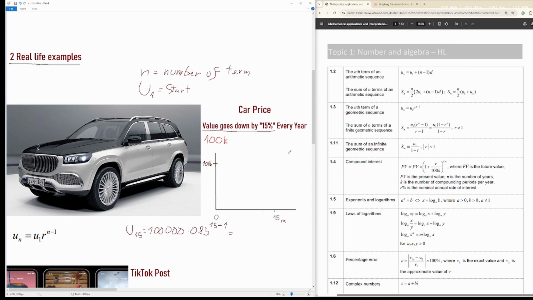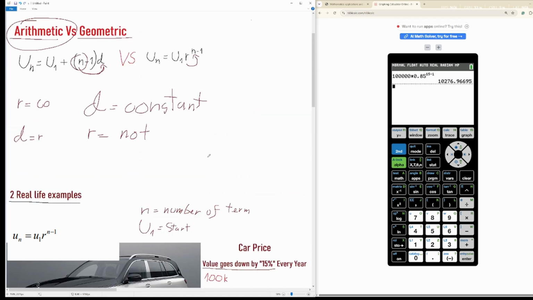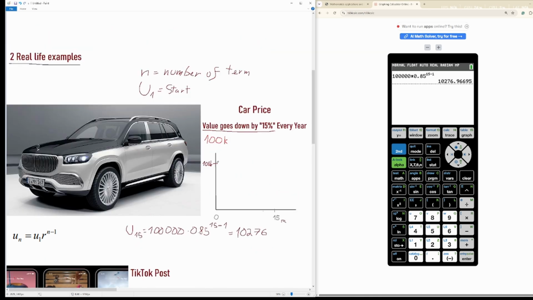We get the answer from using our calculator: 100,000 times 0.85 to the power of 15 minus 1, and we get the value to be 10,076. Therefore, it's very understandable how the geometric sequence works, because the value of the car depreciates over time, and it can be modeled like this.